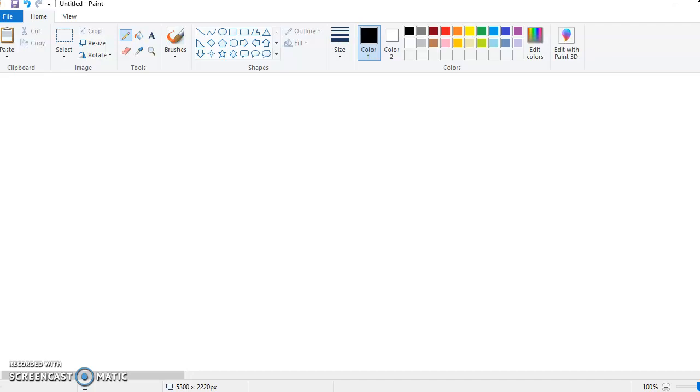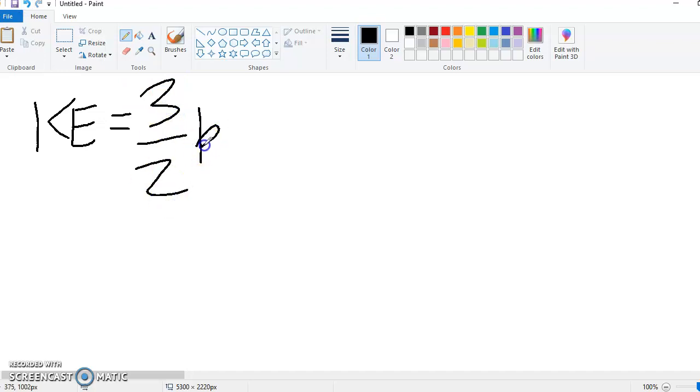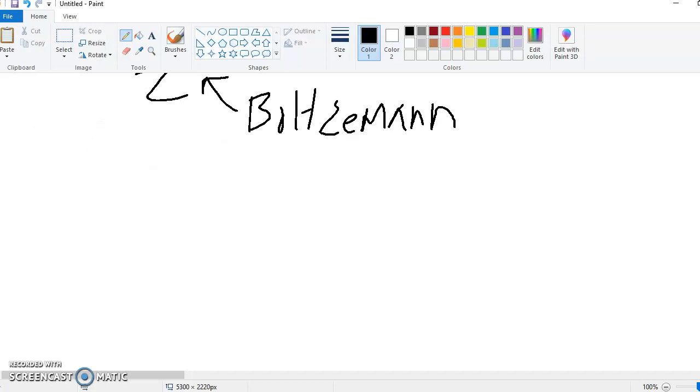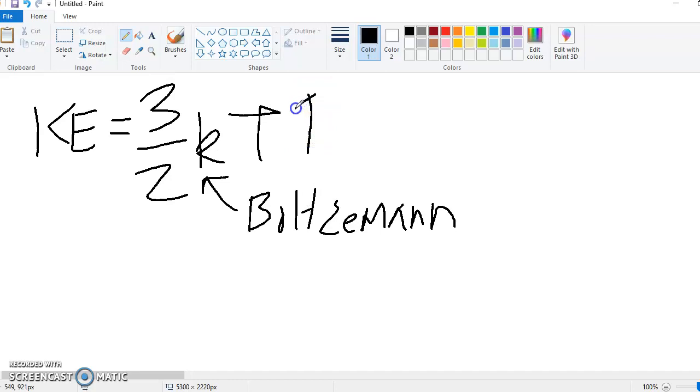And we know that the kinetic energy is directly proportional to my temperature, where k is going to be my Boltzmann constant, and T is going to be temperature. It means that if I increase in temperature, my kinetic energy is also increasing.